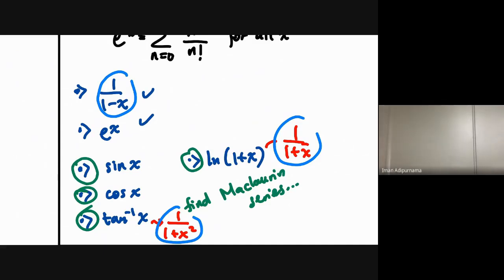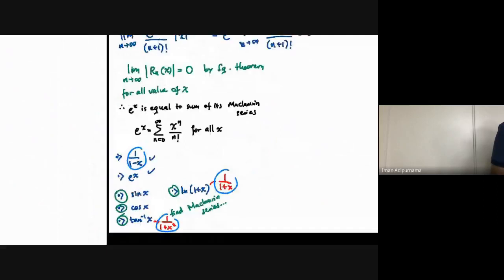So you can try to expand this first with a similar approach, and then you can integrate or differentiate, depending on tangent inverse or ln. Now I will go to sine and cos to see how we can use at least the formula for Taylor and Maclaurin.